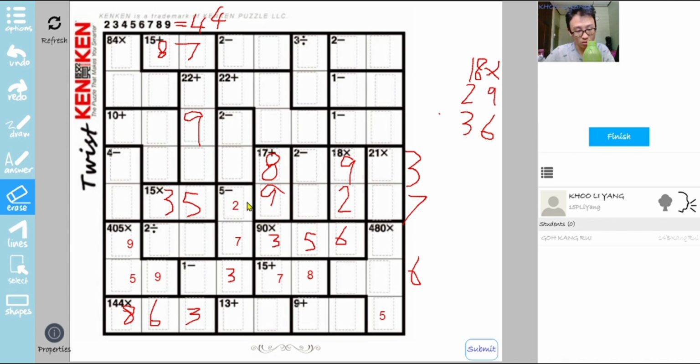Then 2 is already in this row, so 2 is at the top and 9 is at the bottom, so we put it like this, 2 and 9. And 9 is already in this row, so 9 is on the top and 8 is at the bottom. 9, 8.